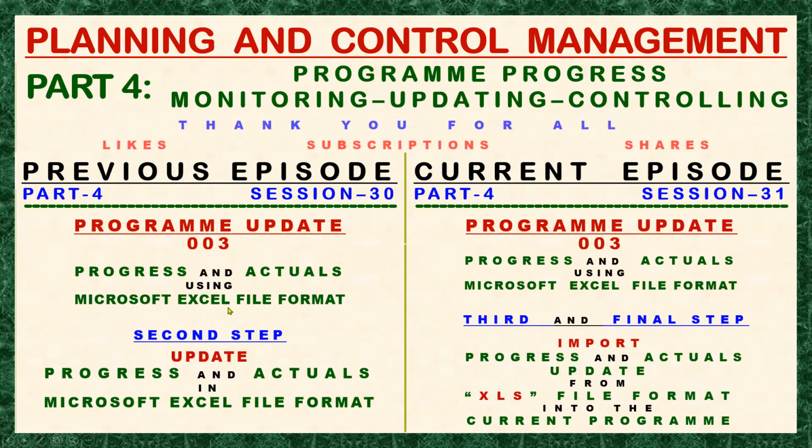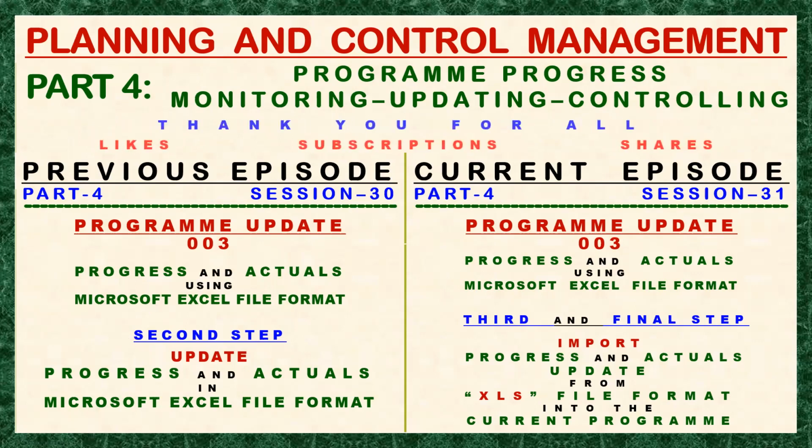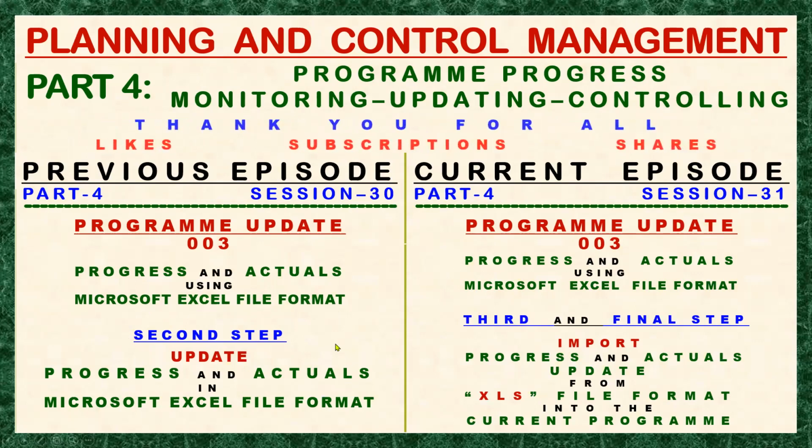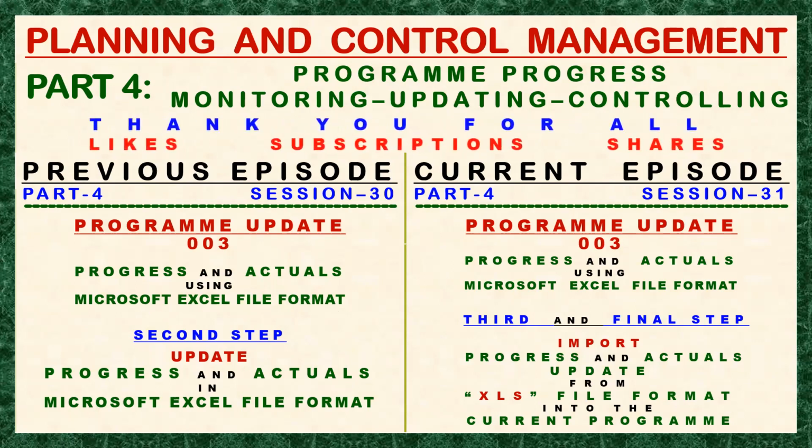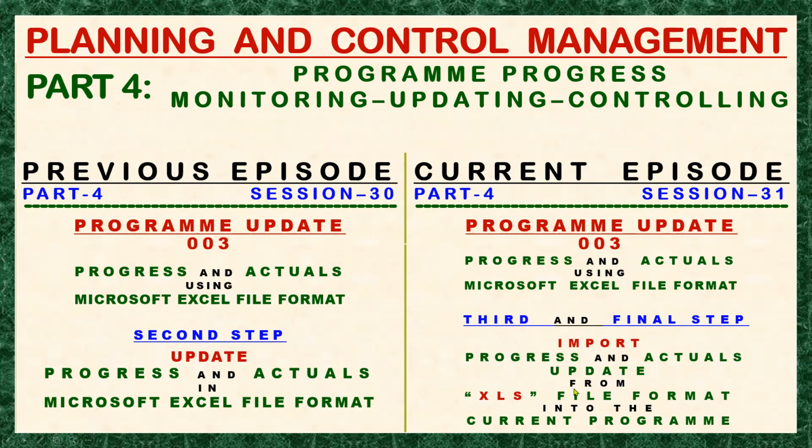So meaning, in our previous episode, we updated the progress and actuals in our exported Microsoft Excel file. Now, what we are going to do is import that updated Microsoft Excel file into our current project in Primavera P6 format.